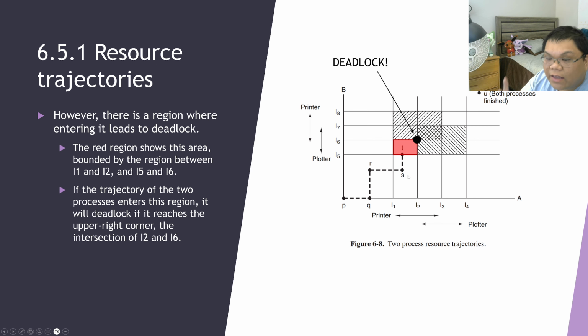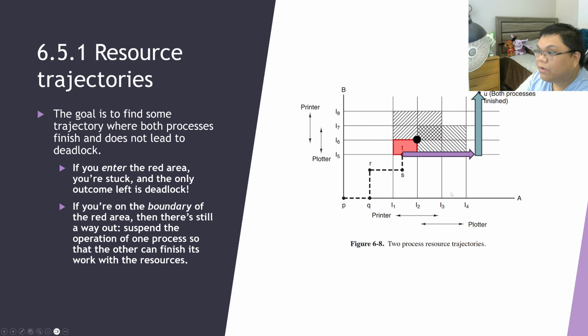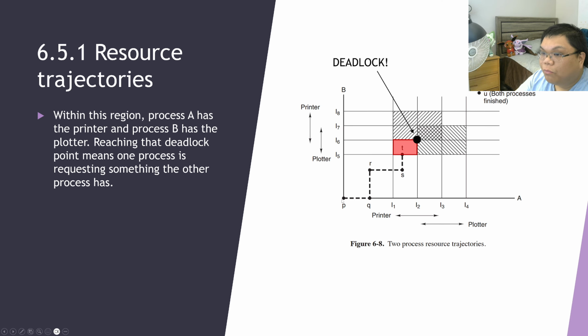So the idea is this. You are drawing some zigzag path across this space such that you go from the start to the end while avoiding any areas that would lead to deadlock. You don't get trapped in corners like this.